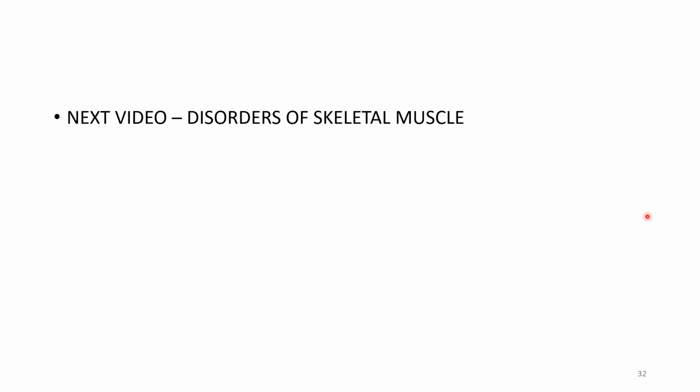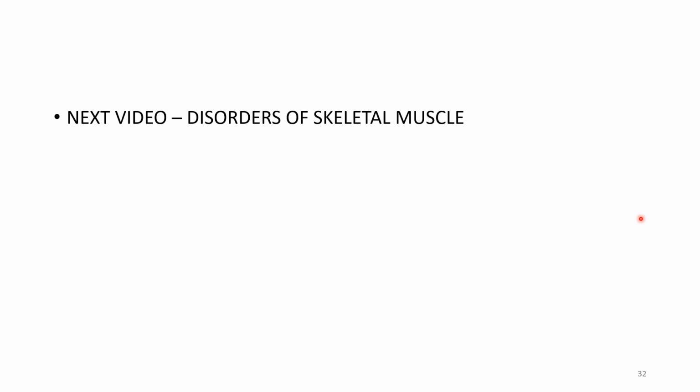The next video is about disorders of the skeletal muscles. In these disorders, we will mainly study muscular dystrophy, which includes Duchenne muscular dystrophy and Becker muscular dystrophy, and malignant hyperthermia, myotonia, myasthenia gravis.